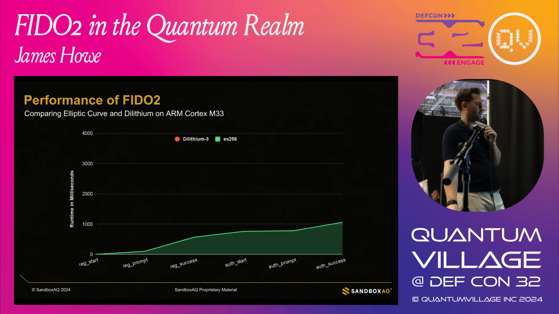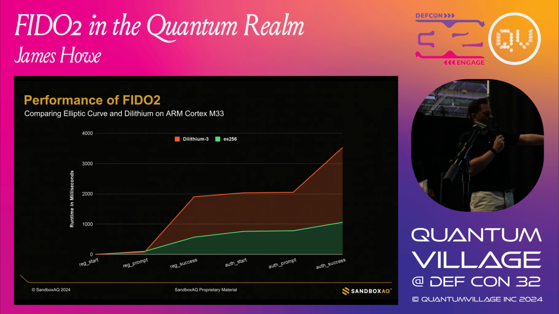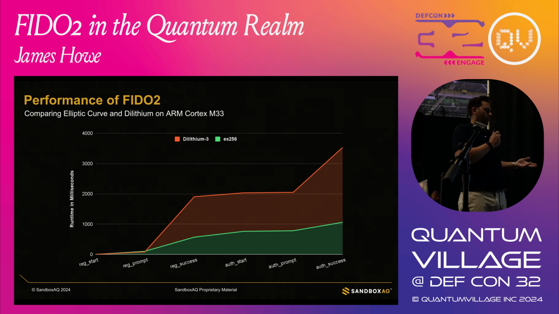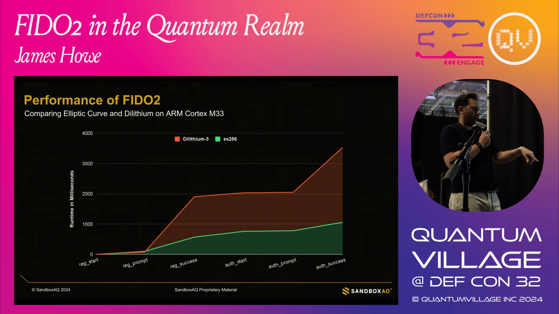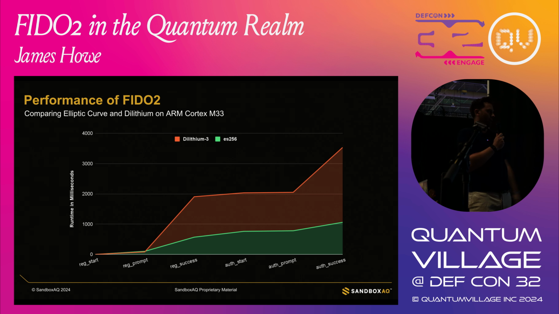For Dilithium, we see a huge spike at the points where a signature is used. Between the user pressing the token and the success of the registration, you see at least double the runtime. We've got milliseconds on the y-axis, and after that you see the flatness that you see in elliptic curves.